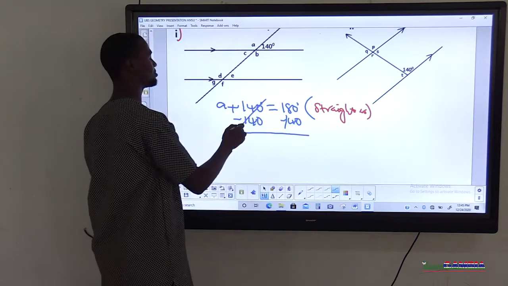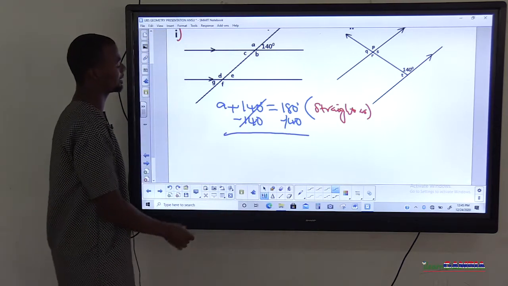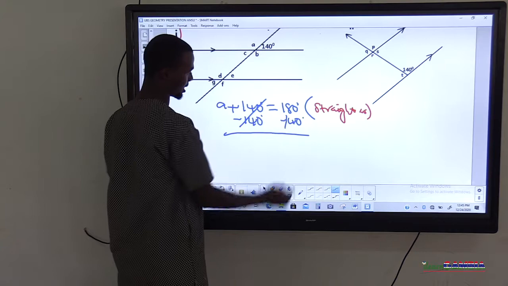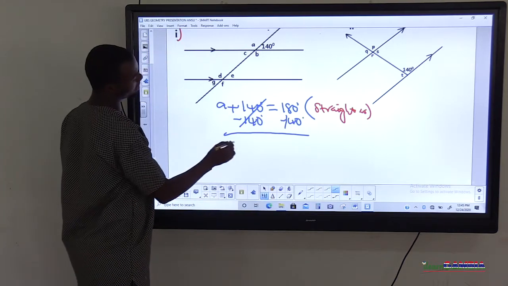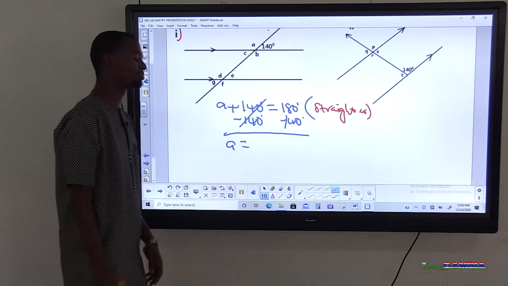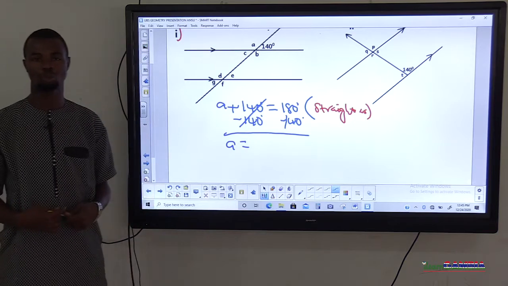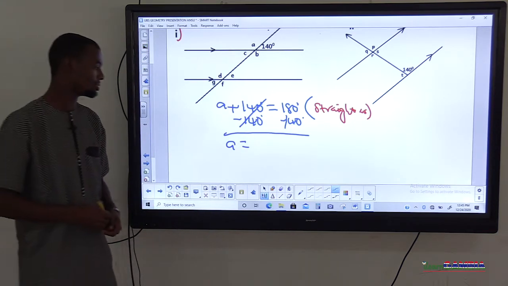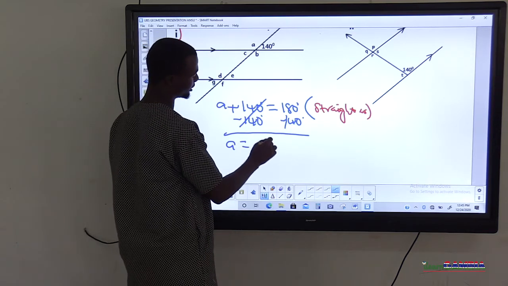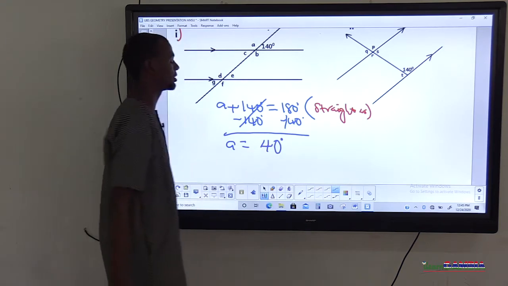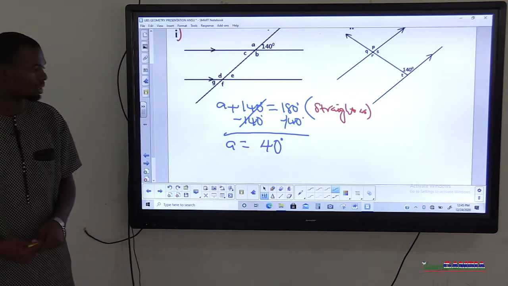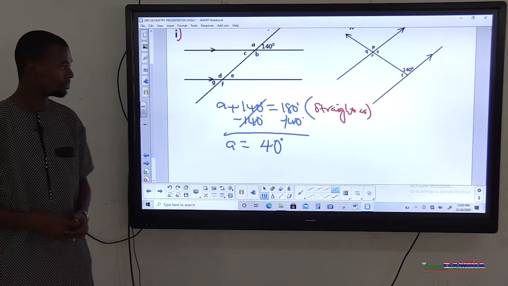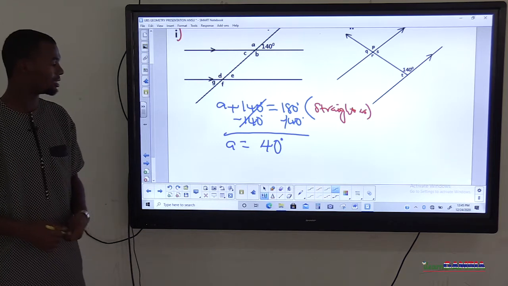Plus 140 and minus 140 will cancel. So A equals 180 minus 140, which gives you 40 degrees.